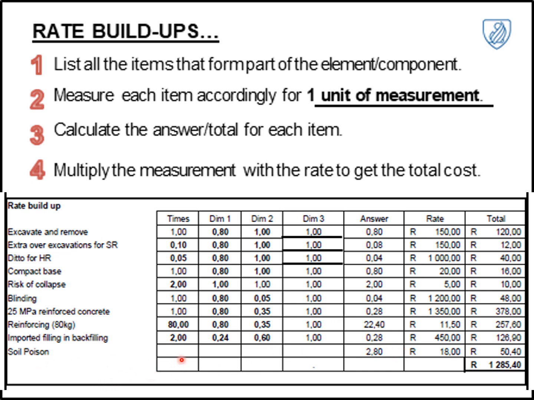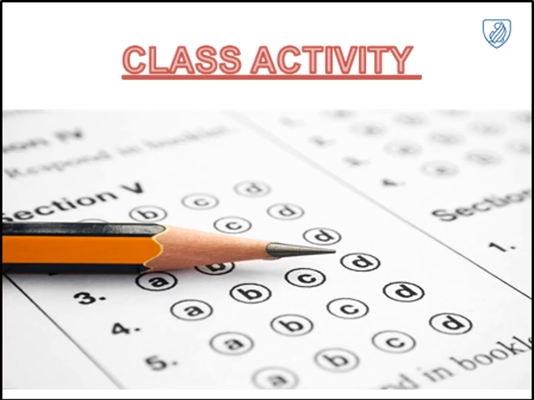Just note that the soil poisoning calculation wasn't included here, but it's basically just the area of the soil poisoning, and it's supposed to show the bottom and the side. So it's just something that was omitted here. Make sure that you know how to calculate that. Very simple. Then you just add all of that up to get to your specific rate.